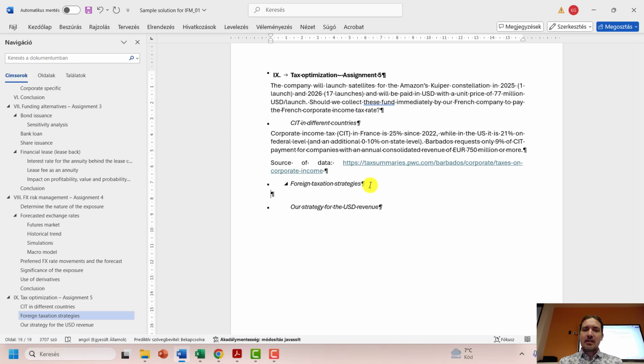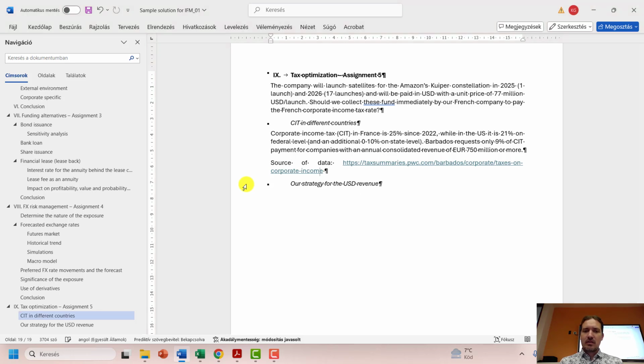Practically this is what we talked about already. So our strategy in the case of the USD revenue: we can create a subsidiary in Barbados to collect the launch fees from Amazon, from the Amazon Kuiper contract.